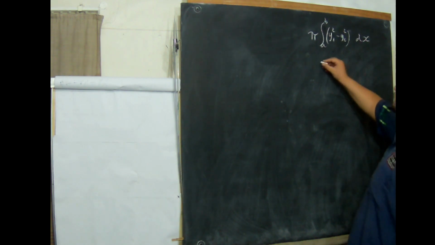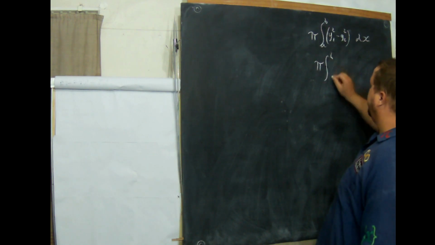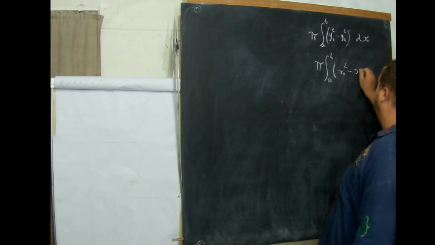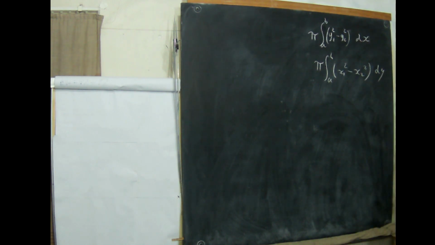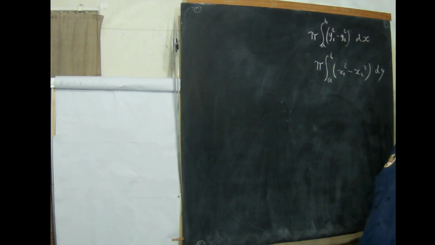Or you would change this to: pi, the integral from b to a, of (x1 squared minus x2 squared) dy. But pi is always a constant.